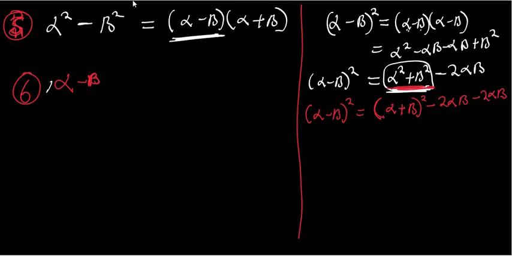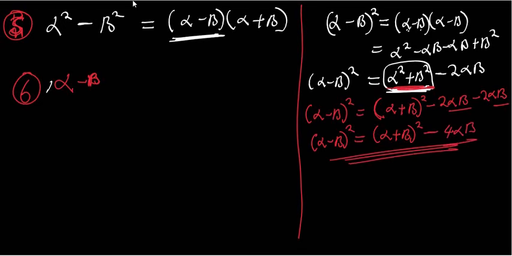So this means alpha minus beta squared is equal to alpha plus beta squared, and this part and this part will subtract. You have negative 4 alpha beta. That's what it means here.